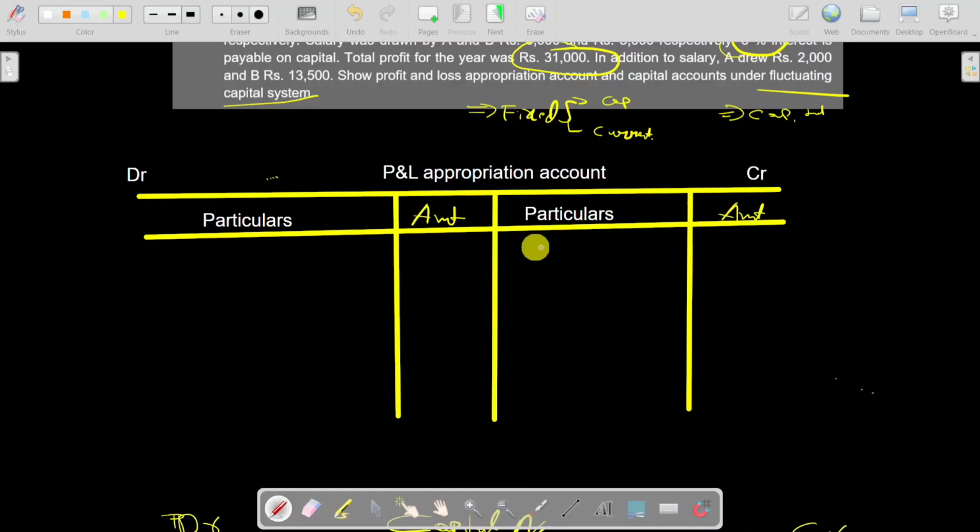So first of all, what comes here? By net profit and by interest on drawings.